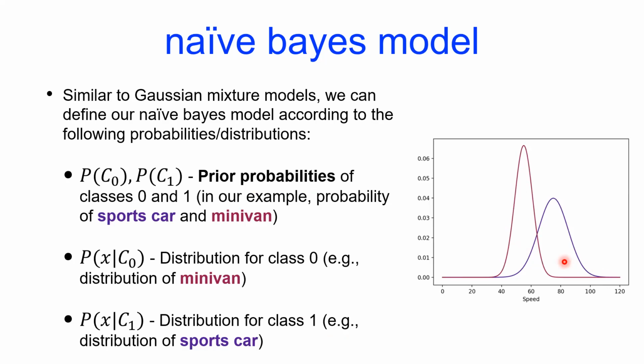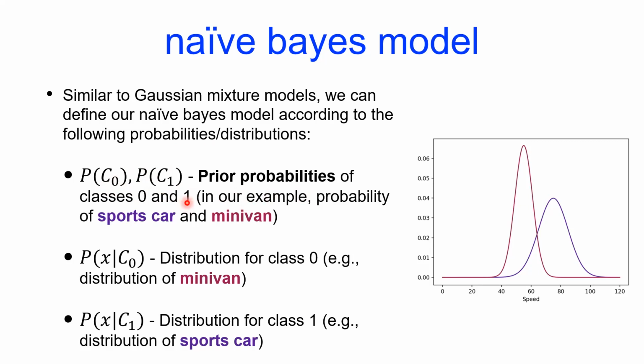Now we can see even more links to the Gaussian mixture model, because we define our naive Bayes model according to the following probabilities or distributions. First is P(C0) and P(C1). These are called the prior probabilities of class 0 and class 1.